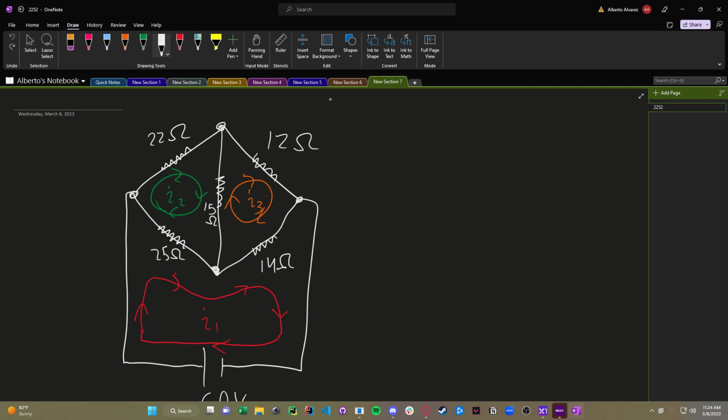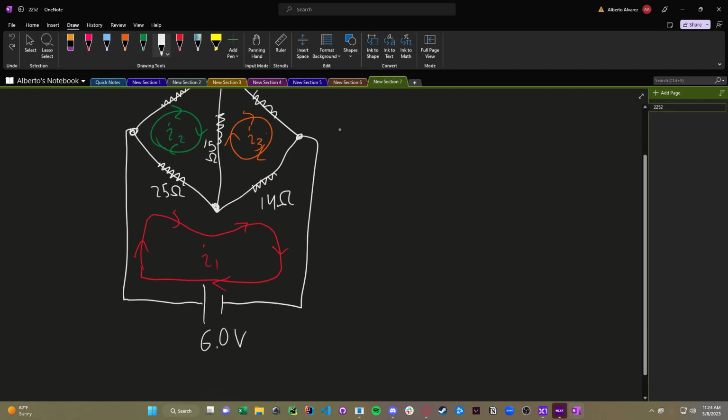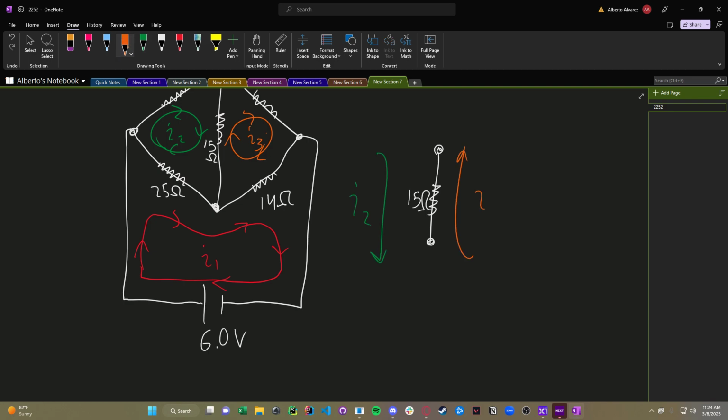So the big idea here is, every time we pass through a resistor, say the 15 ohm resistor, we have I2 going down and I3 going up. When we have opposing currents, the current through each resistor is going to be the difference in the currents.